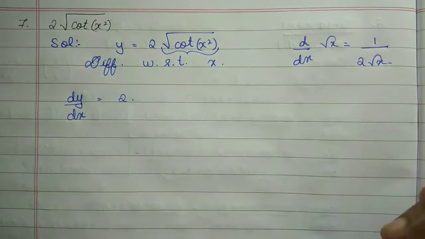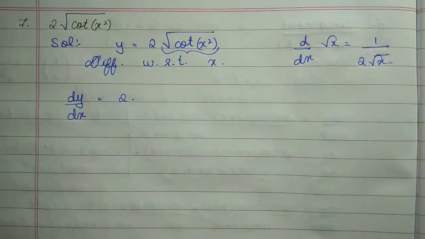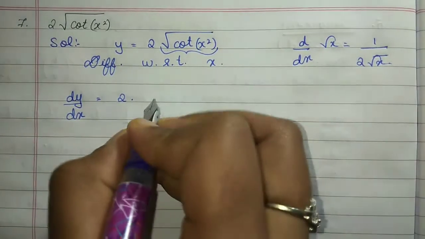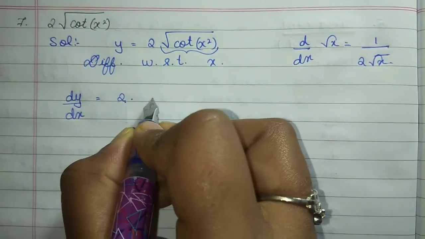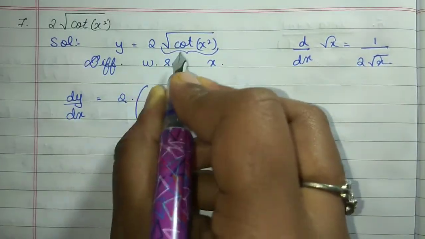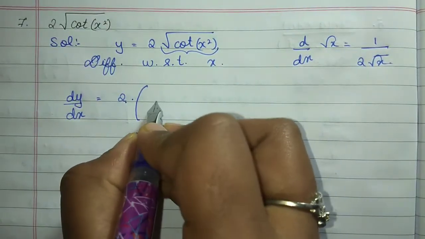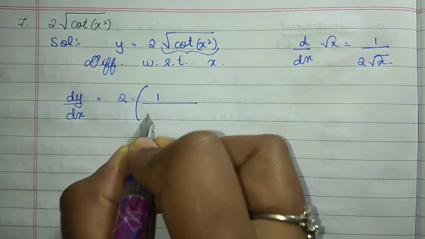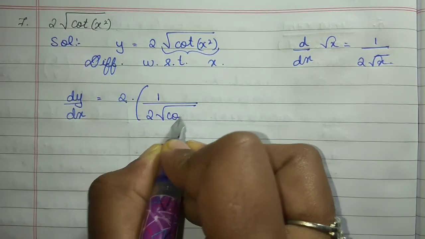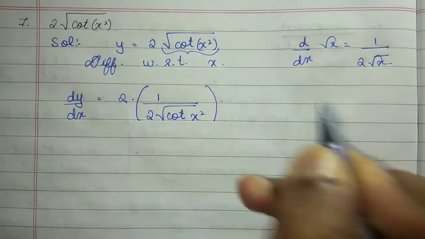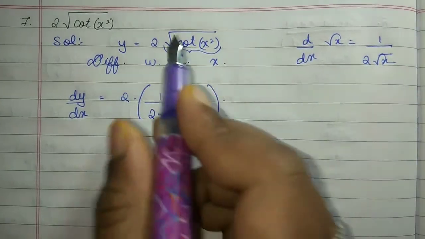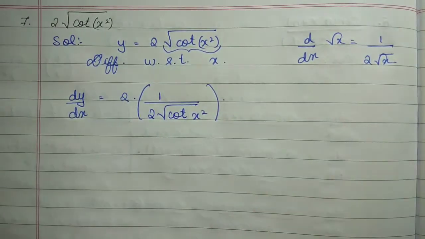This is the derivative, so always keep this in mind, it will be helpful. So I will have 2, my constant, as it is, and the derivative of root of cot x square is 1 by 2 root of cot x square. Okay, so this part is over.